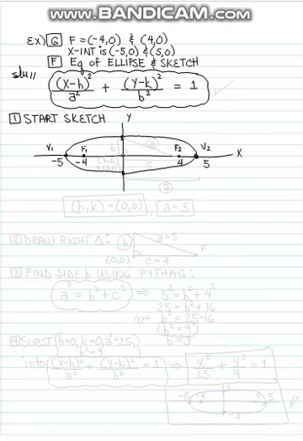Let's label the distances on the edges. We saw in our recent video that the distance from the center to the top and the bottom is always called b. So this distance is b on the top and at the bottom.